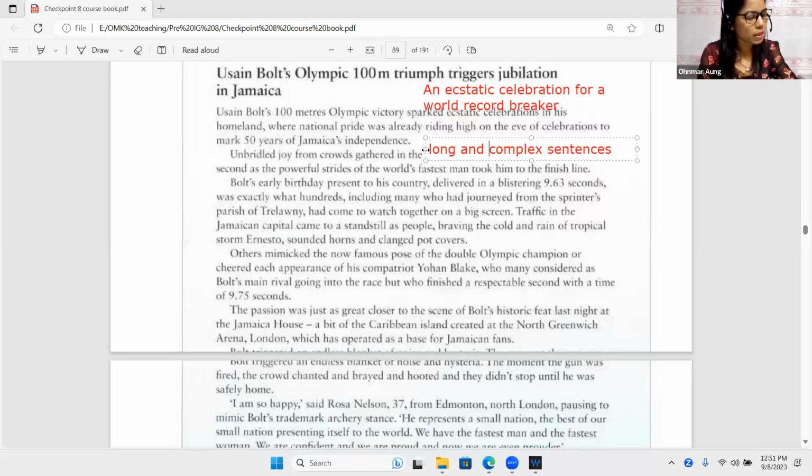In the last part, like, I'm so happy, said Rosa Nelson. Mark Green said, let me tell you this, he is the best. Who are they? They are the spectators. All right. So the first thing that we can say is that long and complex sentences and the spectators' views are mentioned.